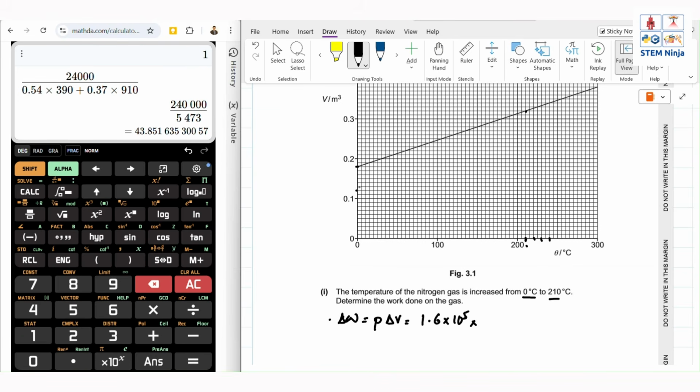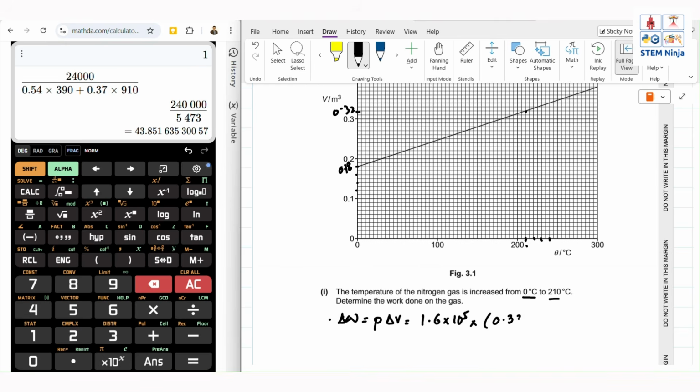Yeah, 2468. So 0.8 to 0.32. Sorry, this is 0.18 and this is 0.32. Okay, now this means that this is all we need to do.